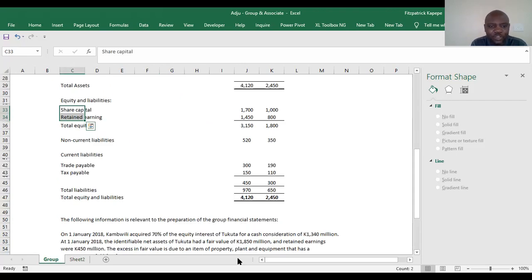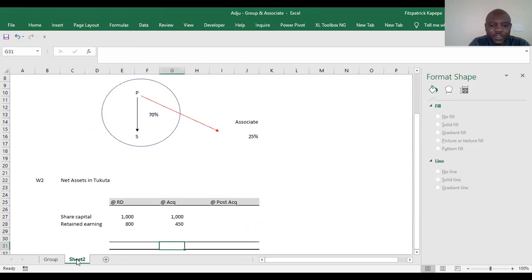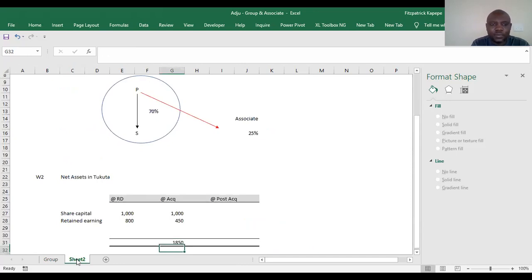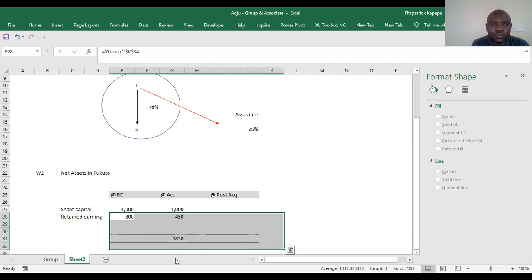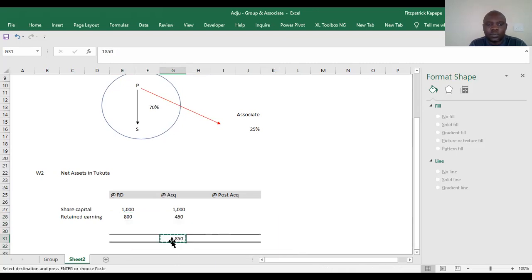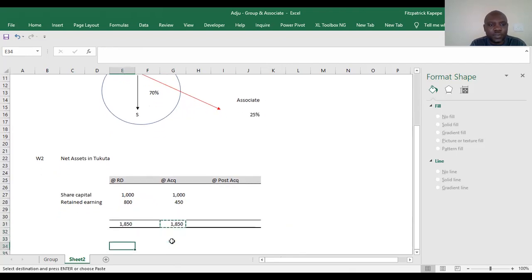The identifiable net assets of Tukuta had a fair value of 1850. So we have 1850.